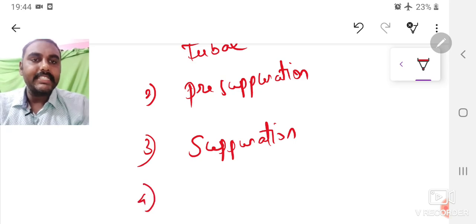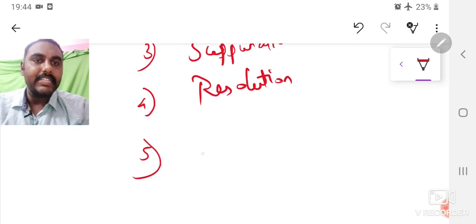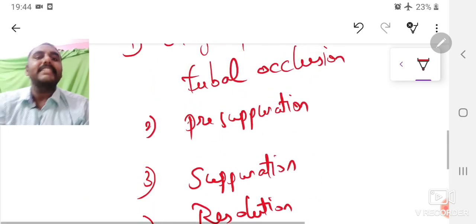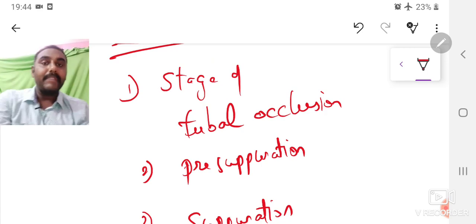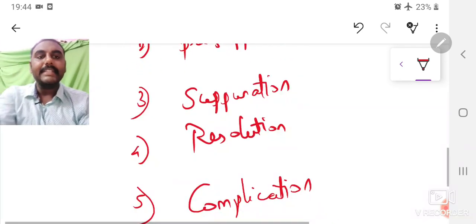The fourth stage is the stage of resolution. The fifth is the stage of complication. So these are the 5 stages: tubal occlusion, pre-suppuration, suppuration, resolution, and complication.